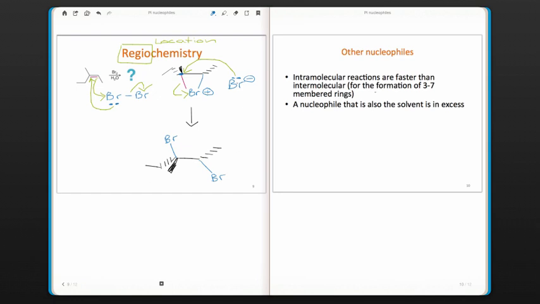Now with bromide as a nucleophile, we can't actually tell the difference of where the reaction has occurred, but if we had another nucleophile, such as a solvent like water, as the nucleophile, we would have been able to see that it reacted at the more substituted carbon. So in terms of regiochemistry, these reactions, just like the addition of HX, give the Markovnikov product.